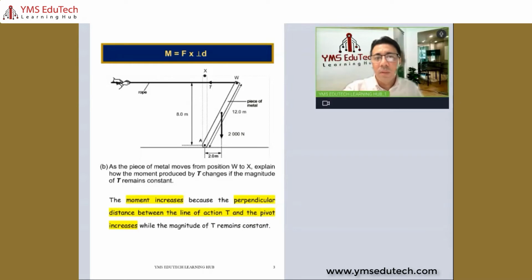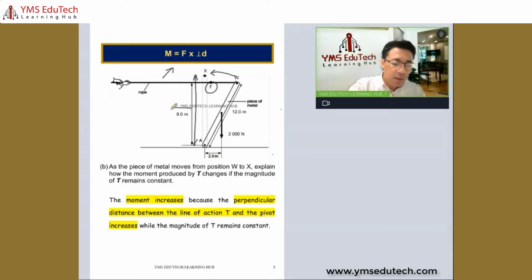Look at the diagram. When the point W moves to the point X, focus on the formula whereby M equals force multiplied by distance. The force, in this case the tension, is constant, but now the distance increases.